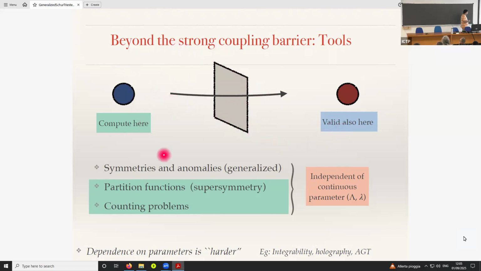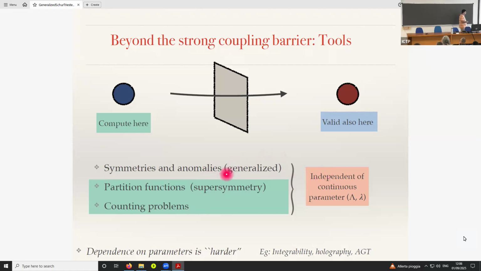So this is a trivial computation here, but it tells us something about strongly coupled physics. And of course, we know many examples by now of such quantities. For example, without use of supersymmetry, we can try to understand how symmetries behave across these strong coupling walls, and more usefully, how anomalies behave across these walls.